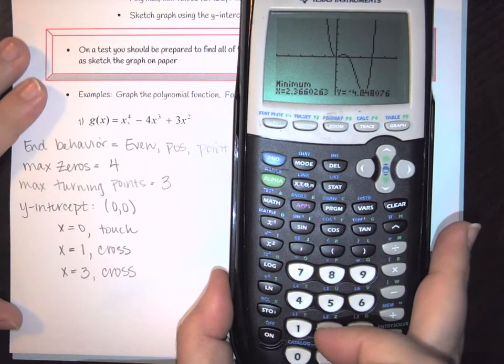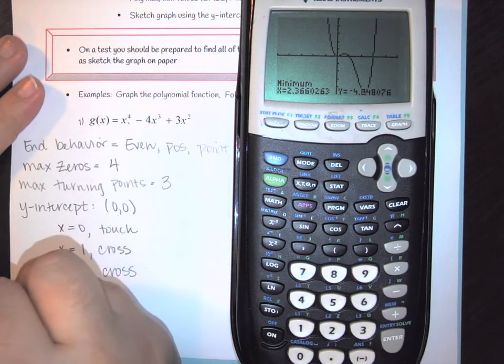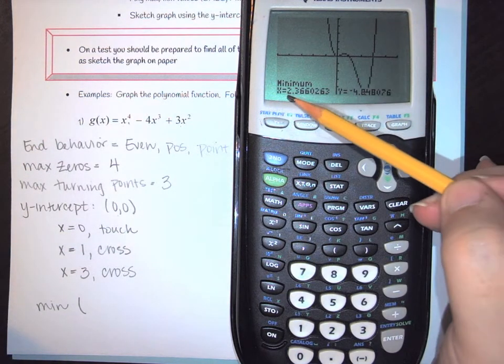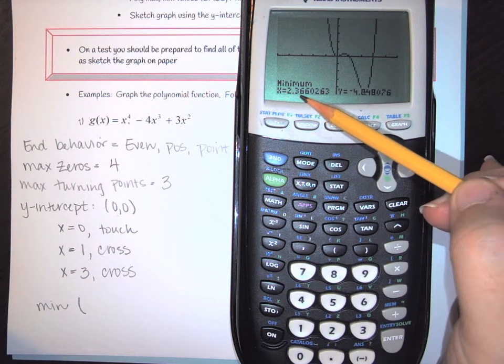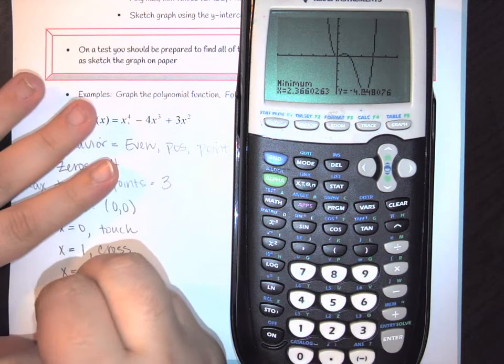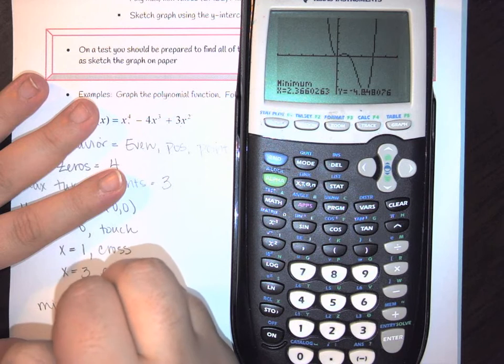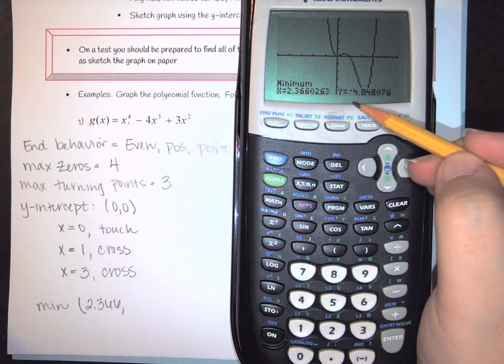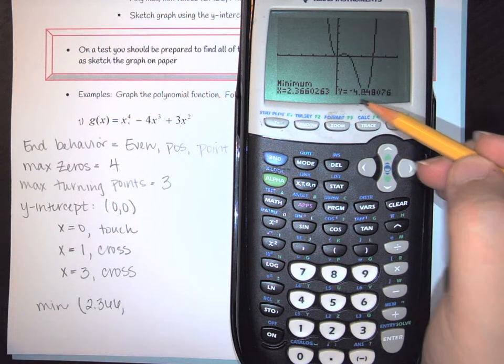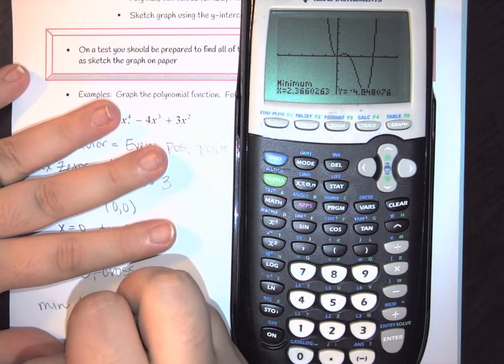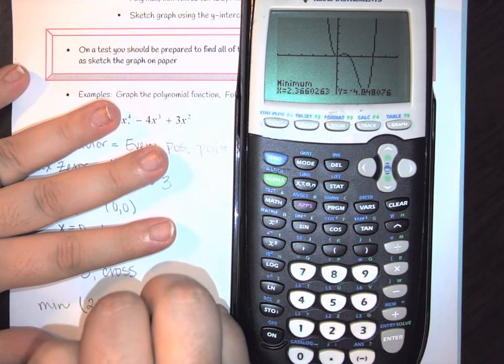So here the other thing that I know is that I have a minimum at the point, and it's telling me about 2.366, and then the y value is negative 4.848.